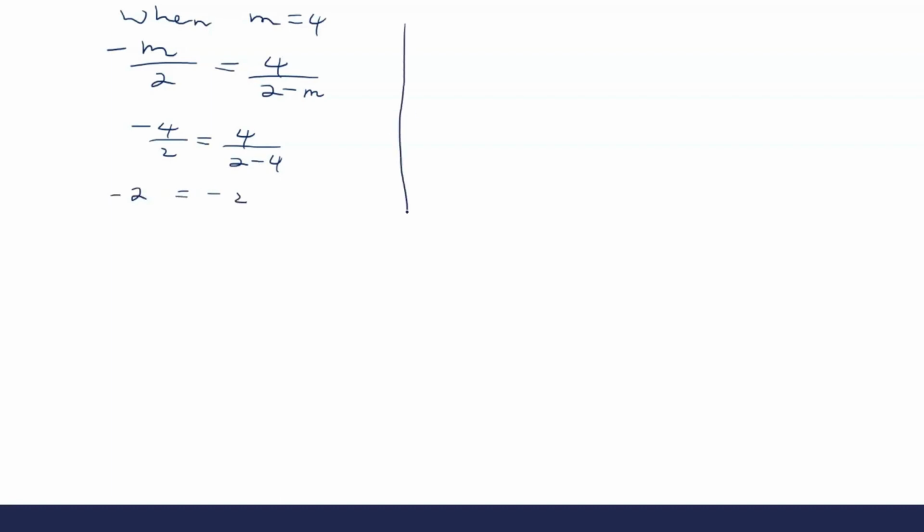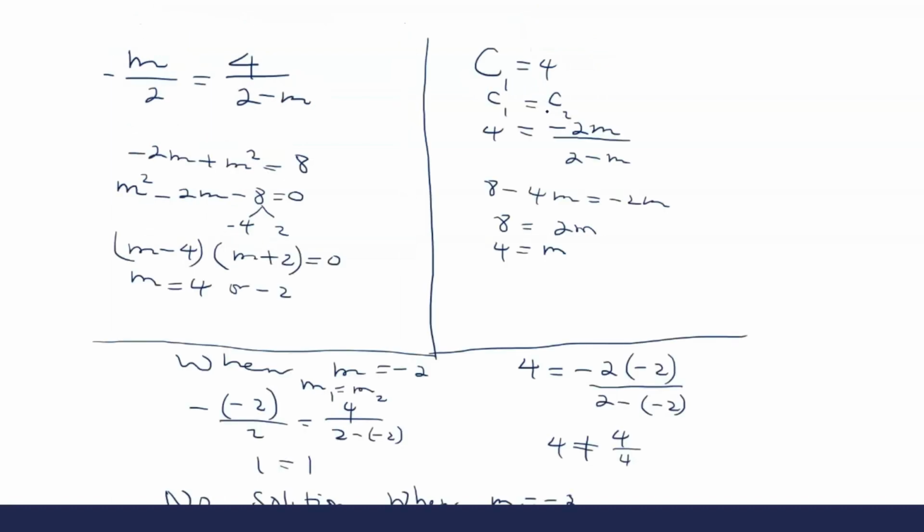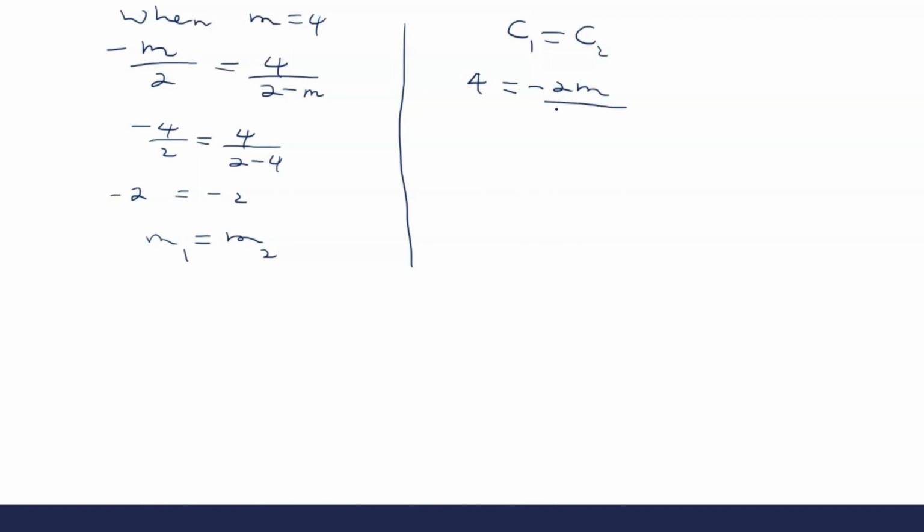So M1 equals M2. It's infinitely many solution when M1 equals M2 and C1 equals C2. C1 was 4, and C2 was negative 2M over 2 minus M. Substituting M equals 4, negative 8 over negative 2 is positive 4. So C1 equals C2.